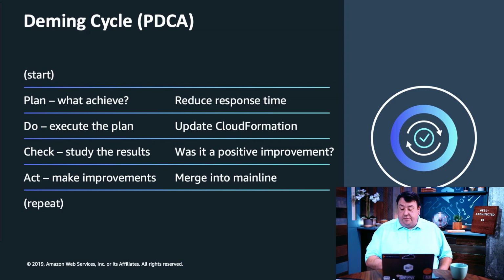So we analyze those results. We look for the behaviors that we want. And then we look for what are our values and were those changed as well. And then if we say, yes, this is exactly what we were hoping for, we reduce this particular response time, or maybe we increase the velocity of a particular piece of our application, then we can act on that and we can merge that in, move it into production, and you start utilizing that for our customers because we have planned and we know that the action will result in the pieces that we need.